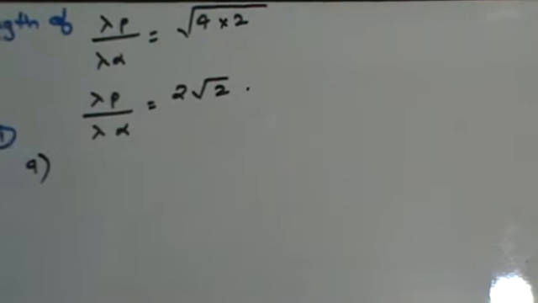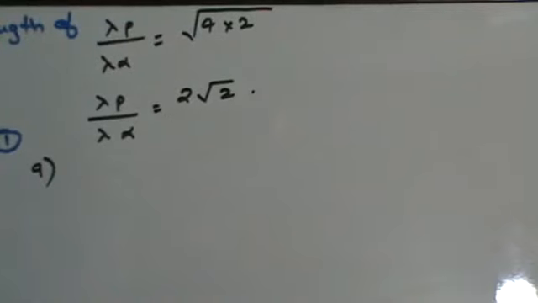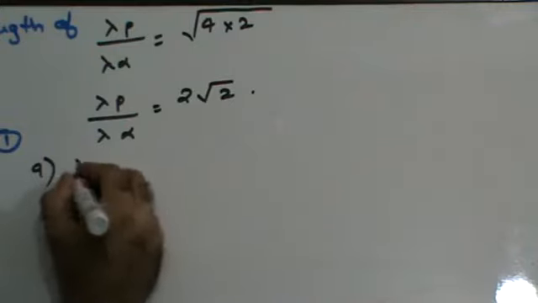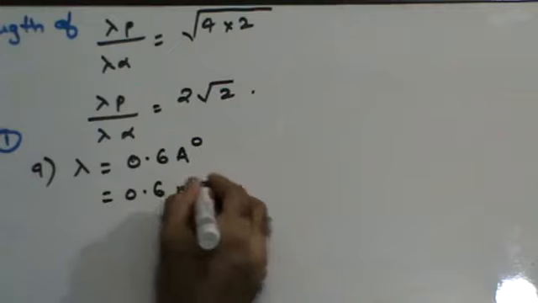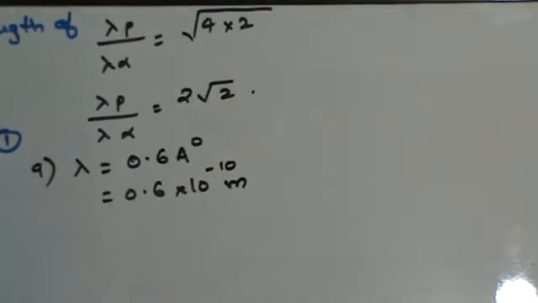Calculate the voltage to be applied to an electron microscope so as to produce electrons of wavelength 0.6 Armstrong unit.